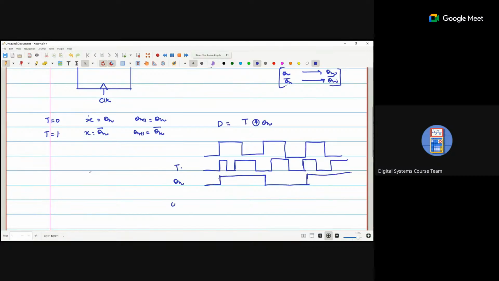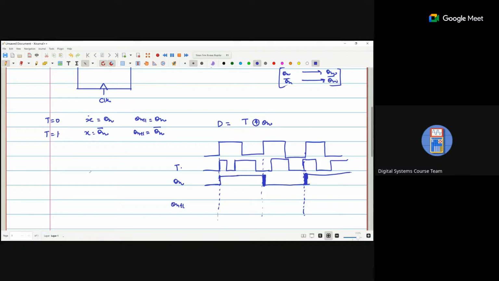Now Qn plus 1 will change when the positive edge appears, when the positive clock pulse appears. I just say the time delay is 0.